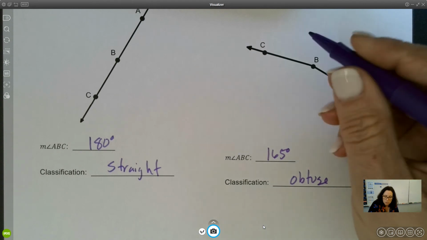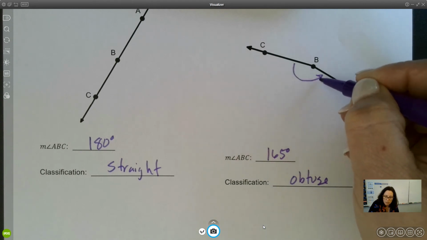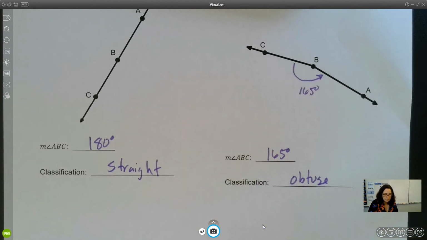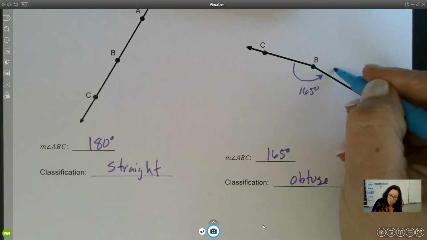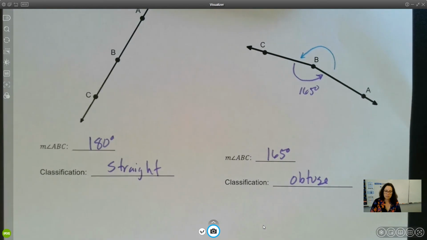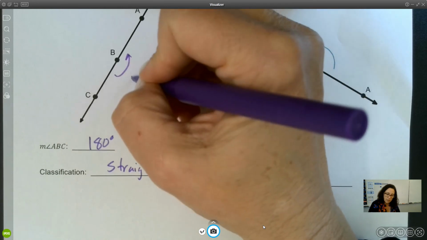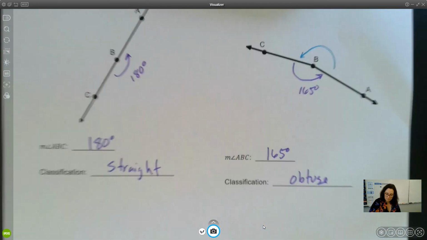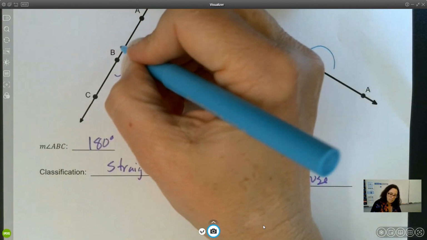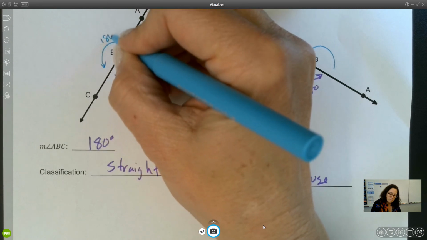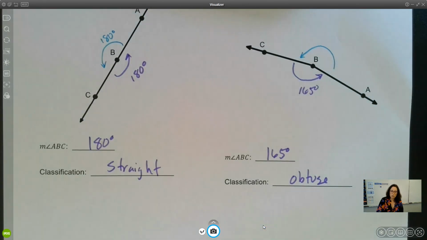So we just took that measurement there. This measurement right here is a whole other measurement. Back up on this one, aren't they both going to be 180? Here's an extension question.